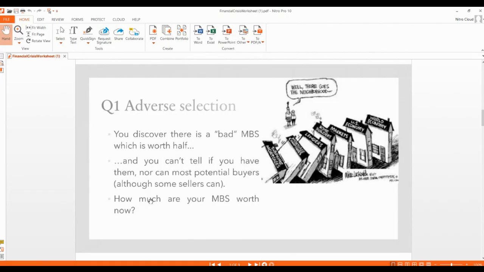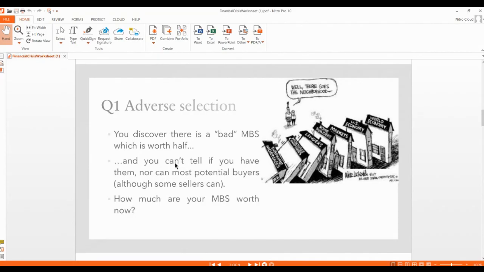So one way to think about this simply is that you wake up and discover that some of the mortgage-backed securities are indeed good, safe, have a good return, but there's a bad version of them. And just to make things simple, let's say there's a bad version that's worth half of the good one. You can't tell which ones you're holding, but unfortunately, there are some people out there who can.